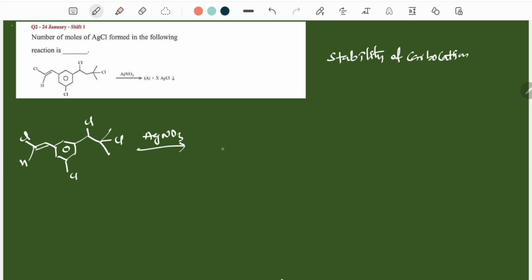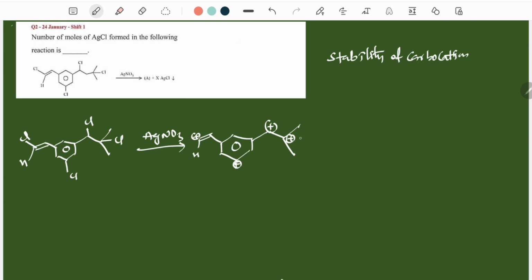So what are the possible carbocations? Look at the possible carbocations.